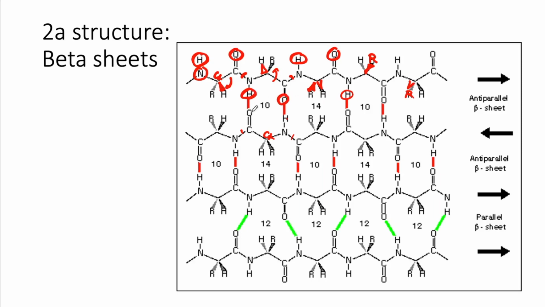And here this oxygen finds the nitrogen of its partner residue to be perfectly aligned to be a hydrogen bond donor. Sorry, I should have said hydrogen bond acceptor in this case, not receiver, just to be a little bit more orthodox.